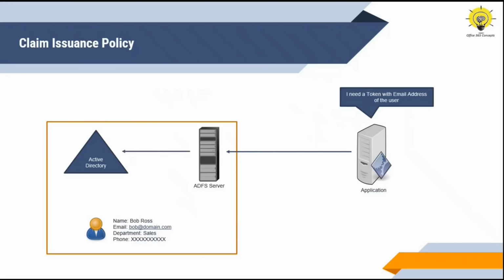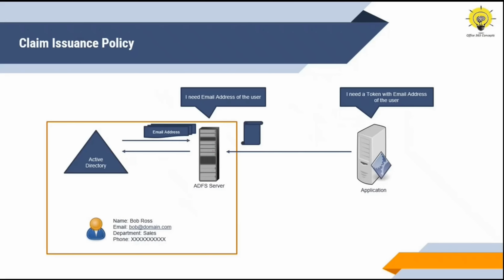ADFS will contact Active Directory to get the authentication done for this user, and ADFS will ask Active Directory to issue the email address attribute of this user once this user is authenticated. Once authentication is done, Active Directory will return the claim to the ADFS server. Then the ADFS server will construct a token.